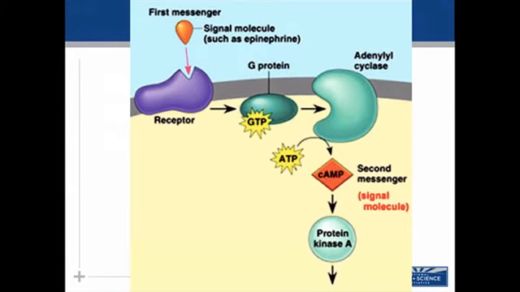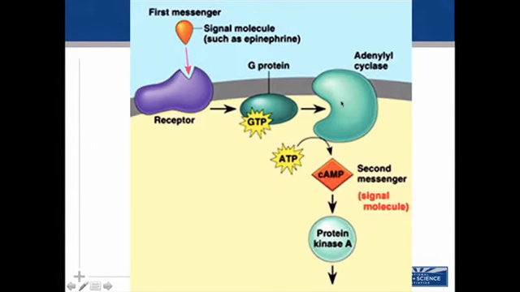So here's an example that's a little more involved. We have our first messenger that comes in like epinephrine, and binds with its receptor protein. The G protein is attracted. The GDP in that G protein is replaced with GTP, moving it to an energized state. And it will then bind with the enzyme.